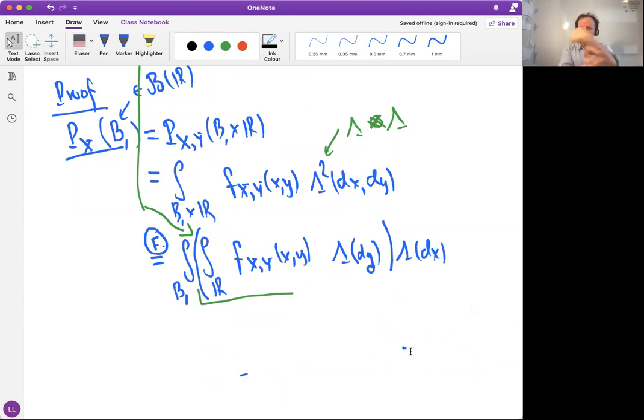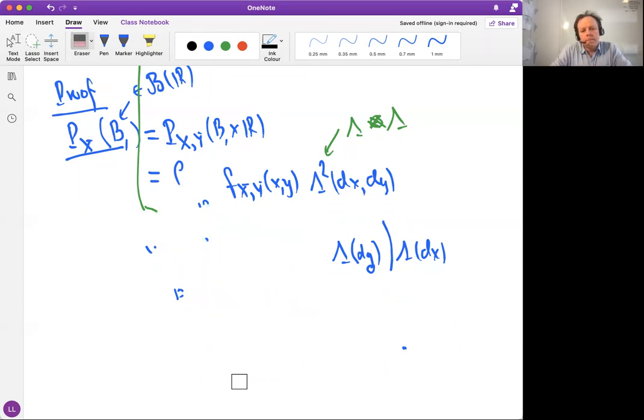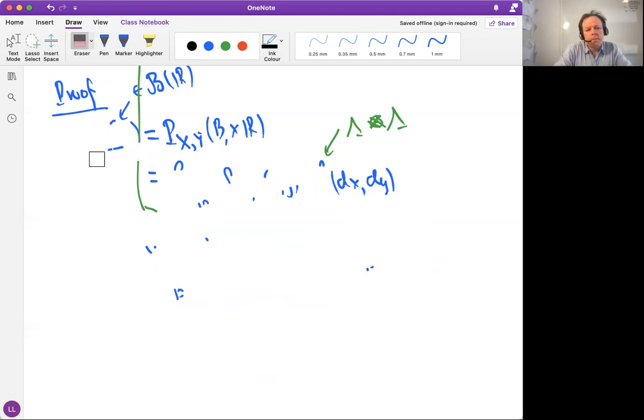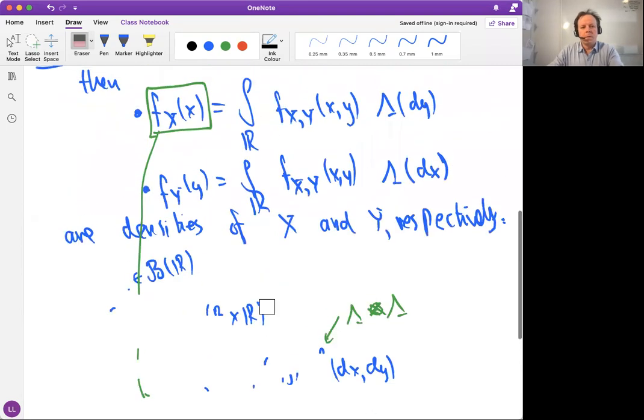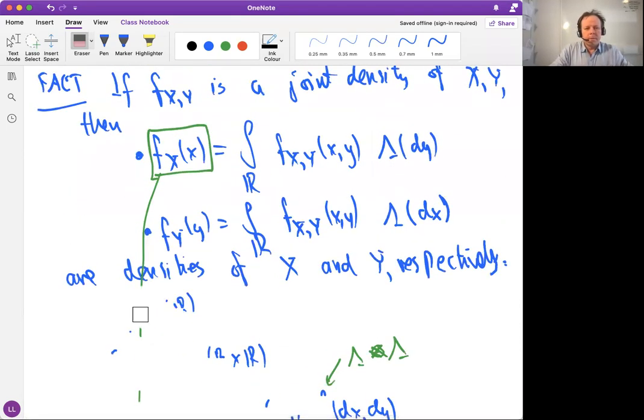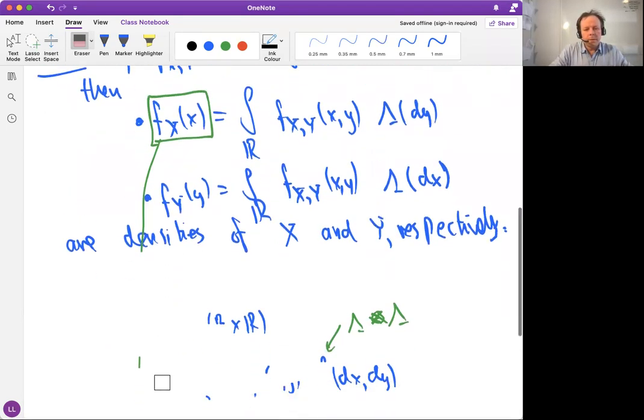So in the non-negative world, you can change these integrals, or you should first check that your integrand is in L1 with respect to the product measure, and then you can do what you want. Otherwise, you may actually run into trouble. And that was the case here.